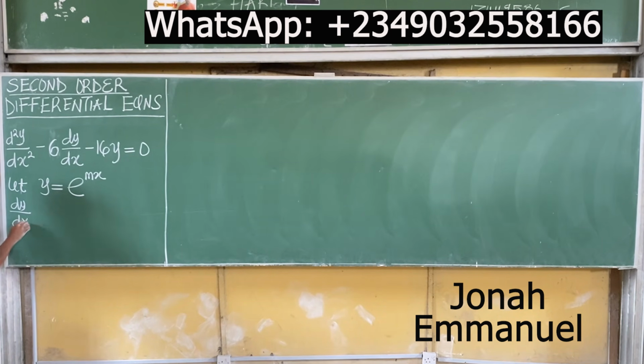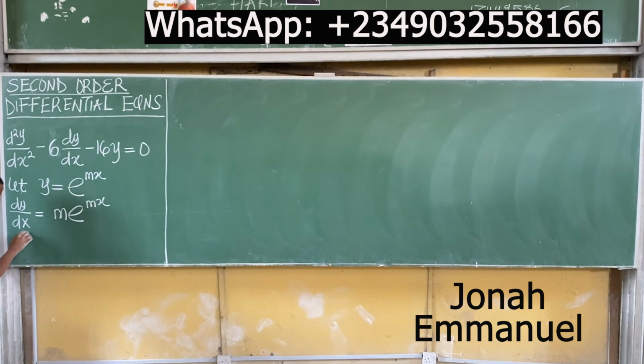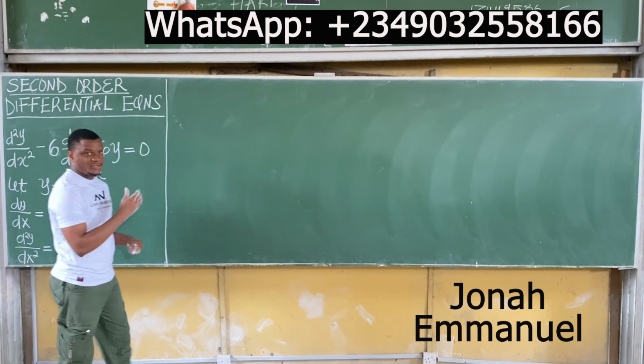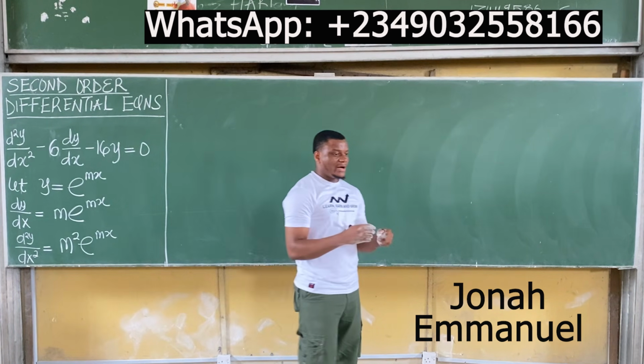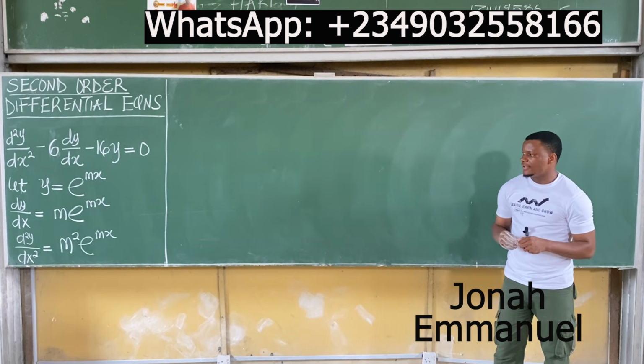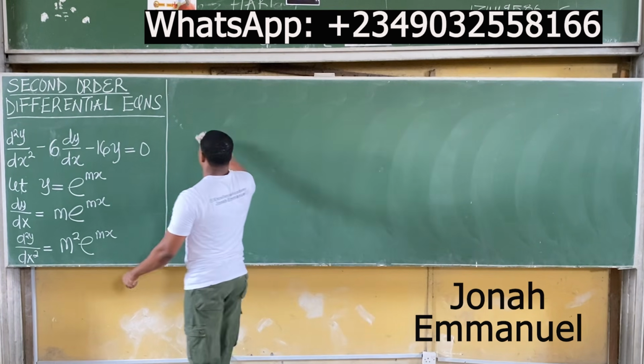From here, dy dx is equal to m exponential mx, as we said earlier, and y prime prime, d squared y over dx squared, is equal to m squared exponential mx. This is always your first task: y equal to exponential mx, you find dy dx, find d squared y over dx squared. That's step 1.